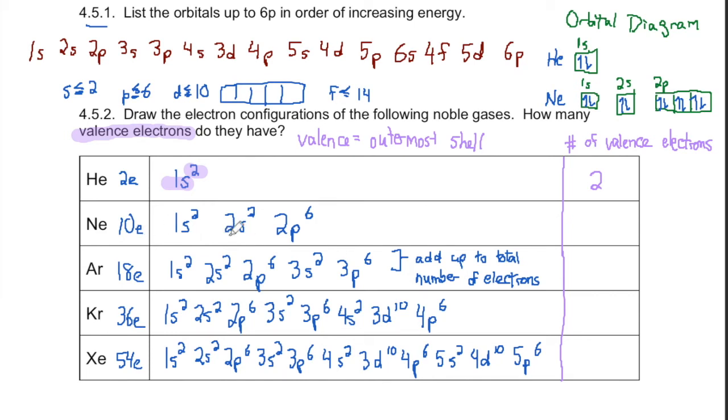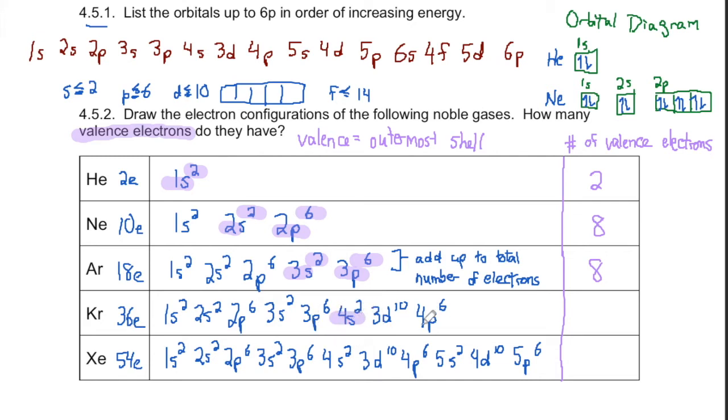For neon, the outermost level is 2, and there are 2 electrons in the 2s, 6 electrons in the 2p, for a total of 8 electrons in level 2 altogether. So neon has 8 valence electrons. For argon, the outermost level is level 3, and the total number of electrons in level 3 is 8. So we have 8 for argon.